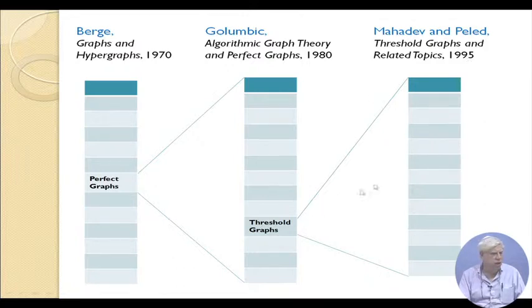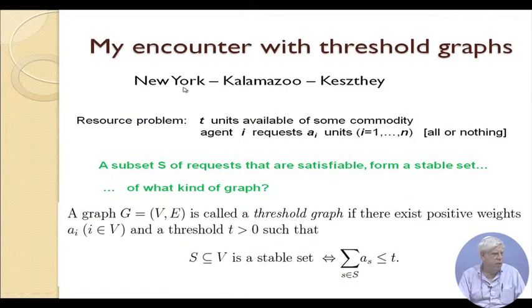So that sort of shows you how algorithmic graph theory was booming, and it continues to boom. I call the things here like the first generation and then the second generation. Mahadev and Peled were both also doctoral students of Peter Hammer. So now I'll tell you a little story, my encounter with threshold graphs.